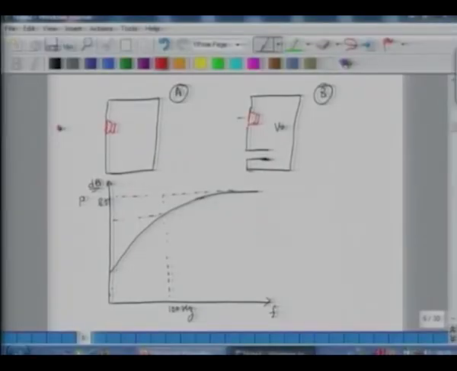So this is A, and once I put a Helmholtz resonator, so this was something like this. Once I have a resonator, it could be something like this.